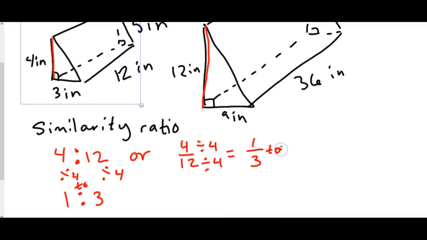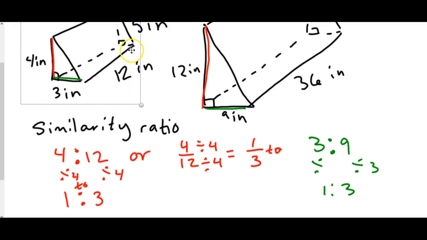So we're comparing the lengths of the sides. For the two shapes to be similar, every single one we compare would have to match. They'd all have to reduce to that ratio of 1 to 3. So for example, if we were to check the bottom, 3 to 9, and reduce, they both divide by 3, we come up with the same ratio, 1 to 3.